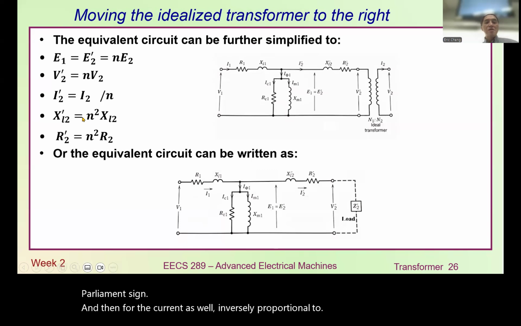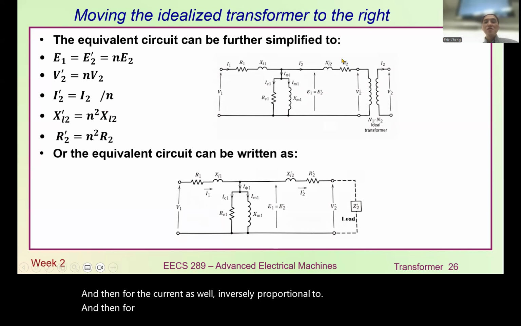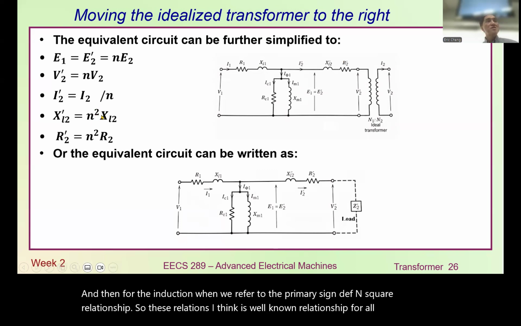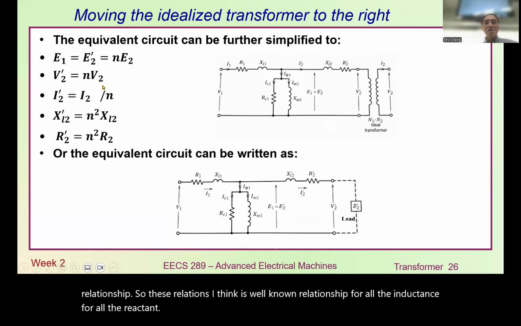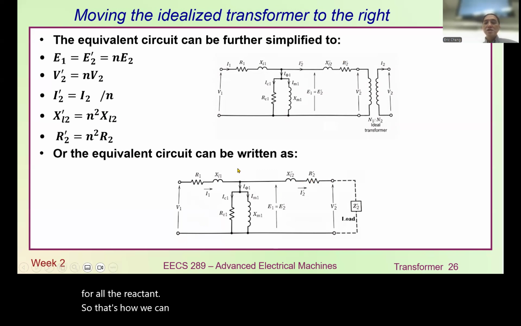For the inductance, when we refer to the primary side, there is an n-squared relationship. I think this is a well-known relationship for all inductances and reactances. That's how we can use this model, which we sometimes call the T model, to represent the equivalent circuitry.